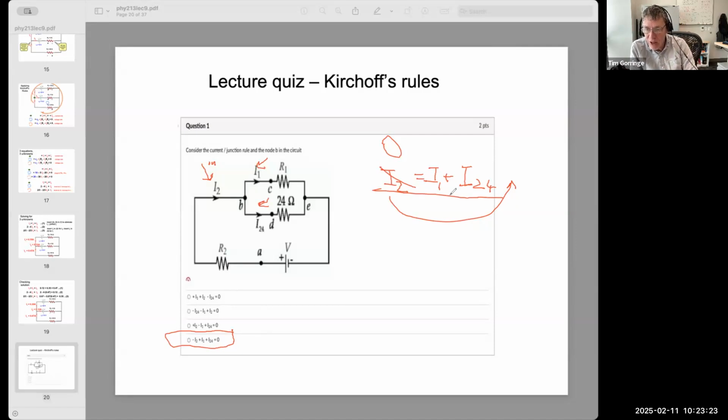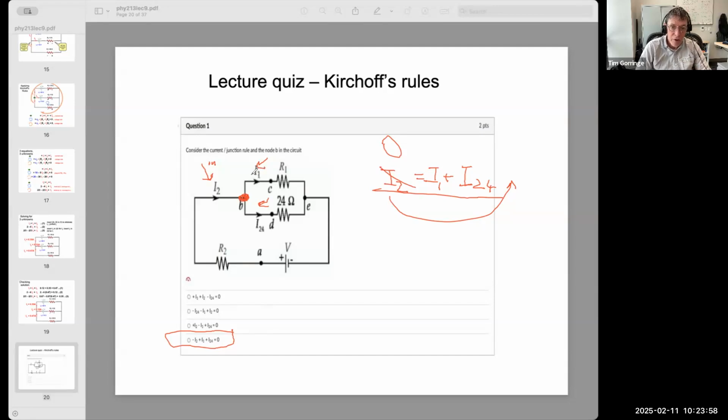There's a question in chat from Ava: how do you determine that I1 and I24 are flowing out when the arrows are all pointing to the right? That's a very good question. When we ask whether the current is flowing in or out, we're thinking about a specific node or point in the circuit, so the arrows are referenced with respect to that point.